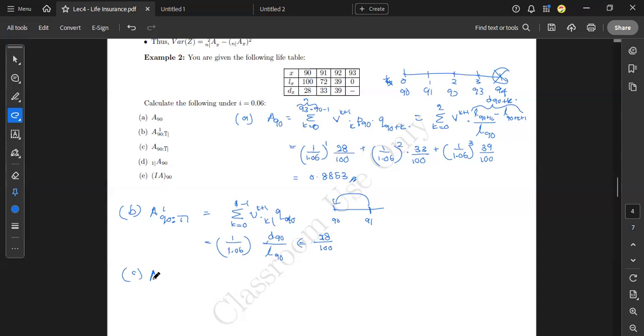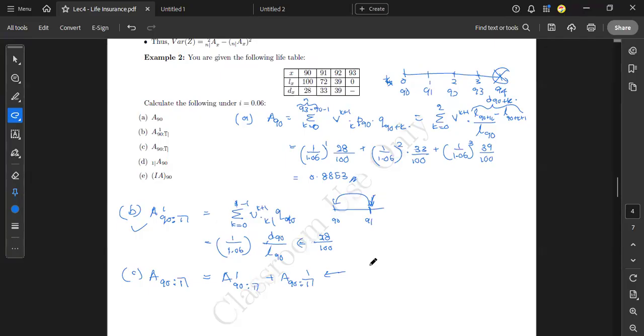And for C, it's age 90. This is an endowment insurance. And we know that endowment is a collection of term life and pure endowment. Term life is taken from here, and for the pure endowment, the payment occurs here, and the payment is $1.